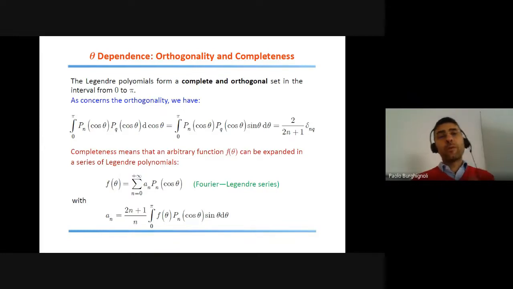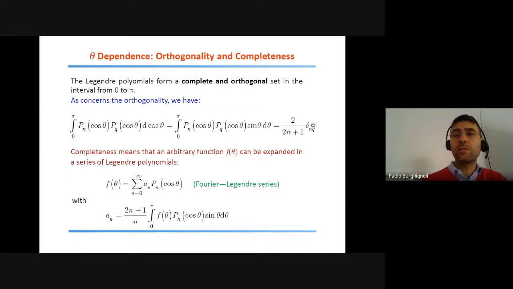For example, the orthogonality statement is the one that you can find here, an integral from 0 to pi of the product of two Legendre polynomials with different orders, with general orders n and q, when integrated with respect to the cosine of theta, that is with respect to the argument of the polynomials, is equal to 0 if the orders are different, so if n and q are different, and it's equal to a constant, as you can see here, 2 divided by 2n plus 1, when n is equal to q.